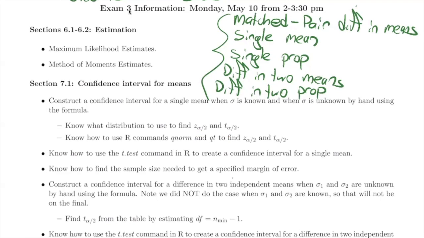And again, that depends on whether you know the population standard deviation or not. And so we talked about the streamlined ways of doing this. When we put that conf at the end, that will tell us what the confidence interval is. And we also had prop tests, so I would be familiar with how to use these commands.